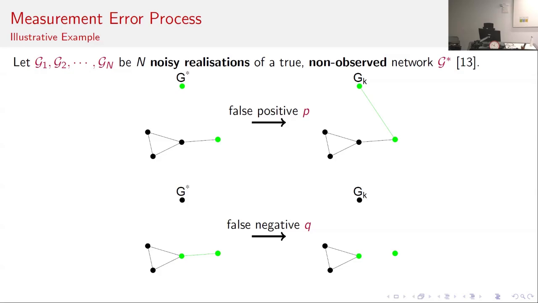And given that there is an edge between two nodes in the G star network, there's false negative probability Q of not observing that edge in the network data, so falsely not recording an edge. So this is the measurement error process, and each cluster is going to have a G star representative and also a false positive and false negative probability to represent the measurement error process.